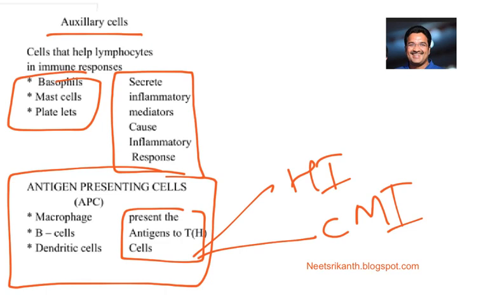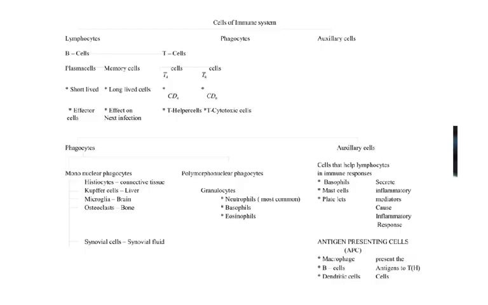So auxiliary cells like basophils, mast cells and platelets are responsible for inflammatory responses, while antigen presenting cells present the antigen to T helper cells.